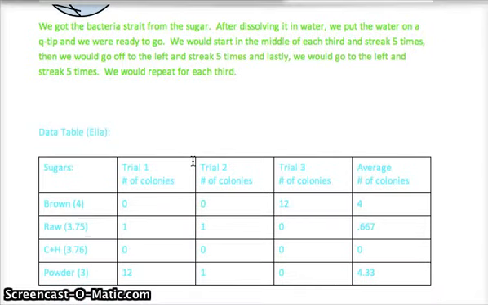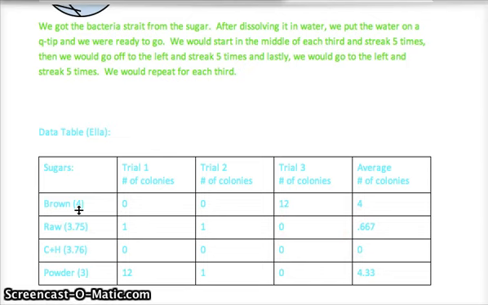Okay, so this is our data table where it shows all of our actual results. So for brown, trial 1, we had 0 colonies, trial 2, 0, trial 3, 12 complete colonies, so our average of colonies was 4. Raw was 1 colony for the first trial, 1 colony for the second, 0 colonies for the third trial, so that's 0.667.